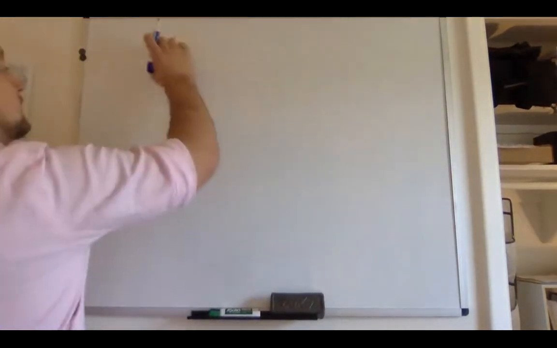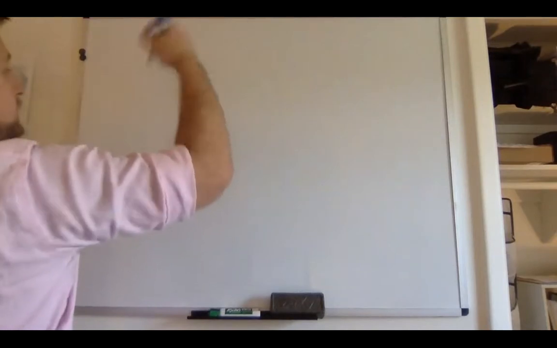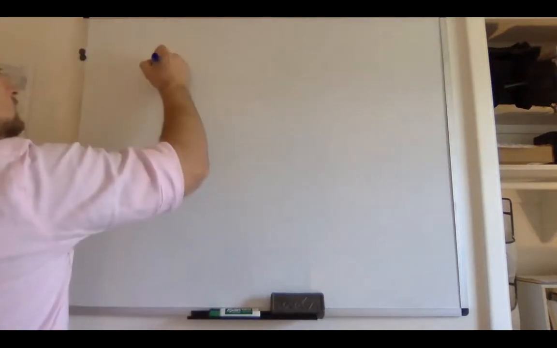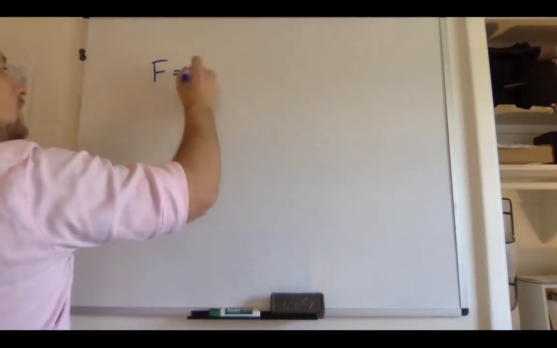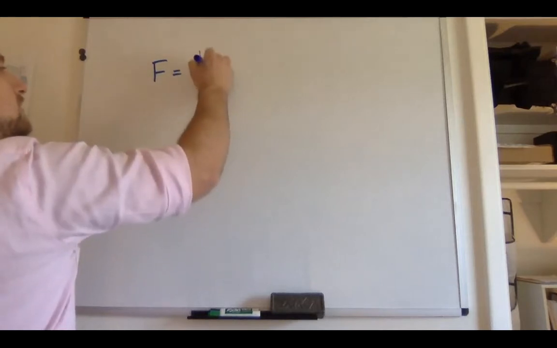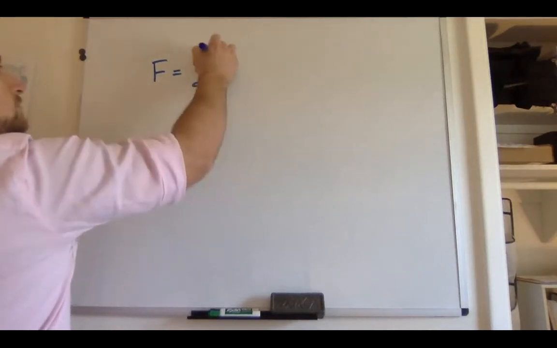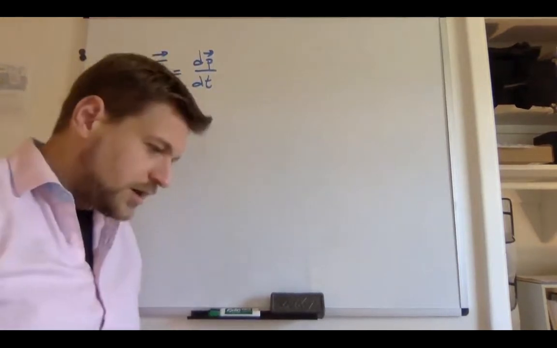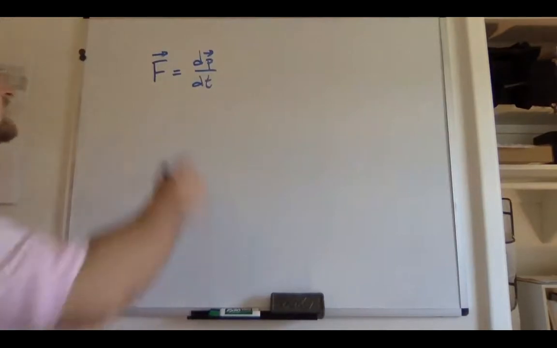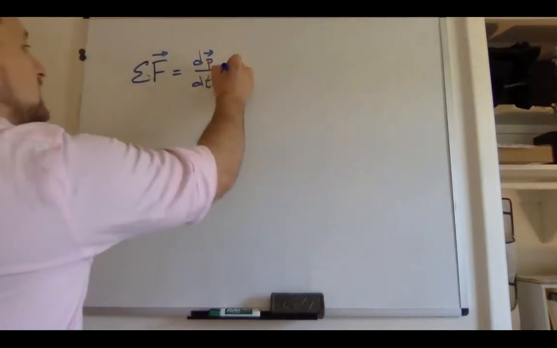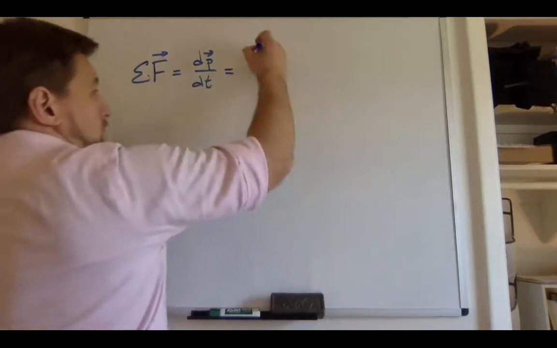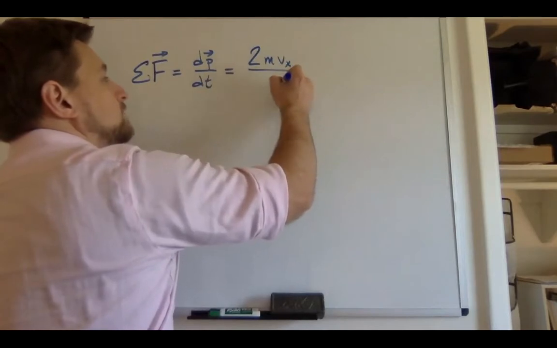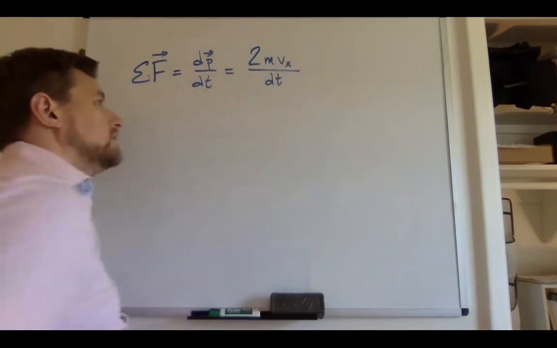Now, how much force is exerted by one molecule on the wall? From our work with Newton's second law, the force exerted by the molecule should be the change in its momentum, which we know is 2mvx, per time.